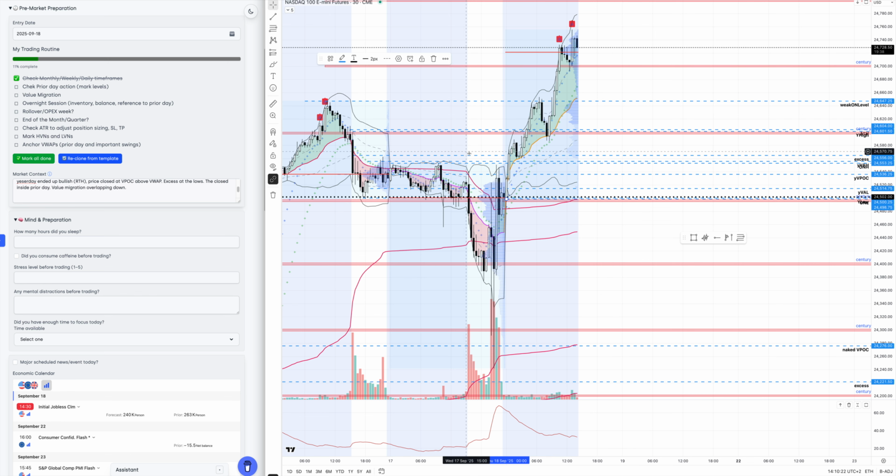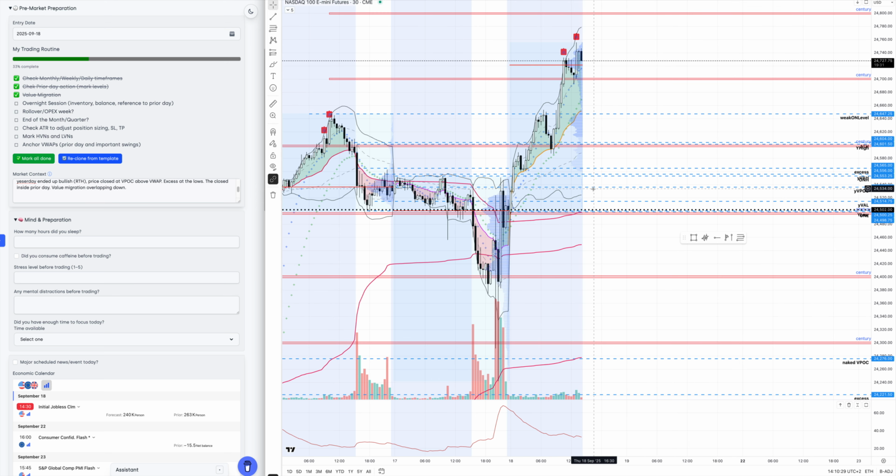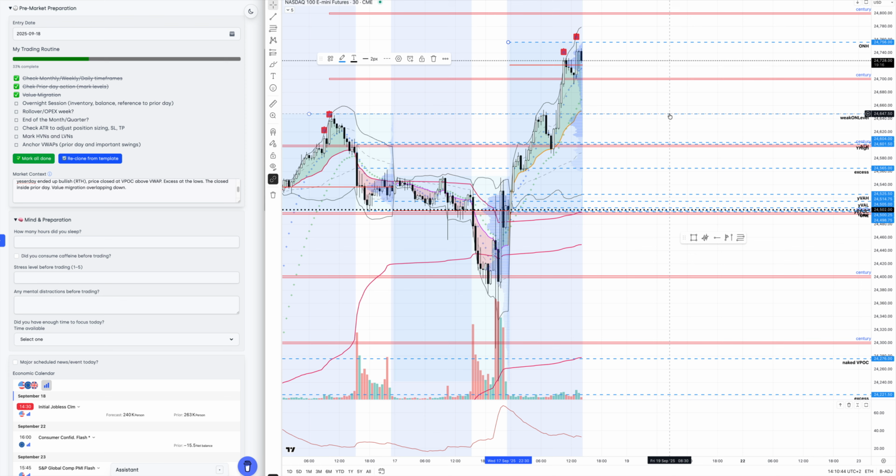So basically, we will talk about the overnight session, right? I just want to go through the levels. So now, volume point of control migrated down actually to the settlement. Value area high, there, overnight high, new all-time highs, week overnight level.